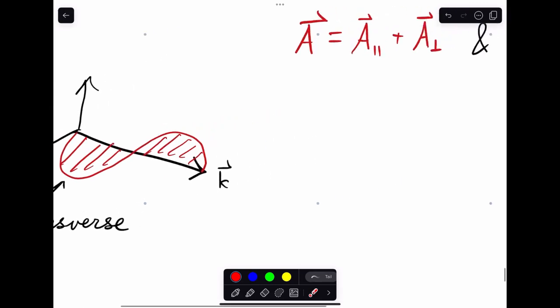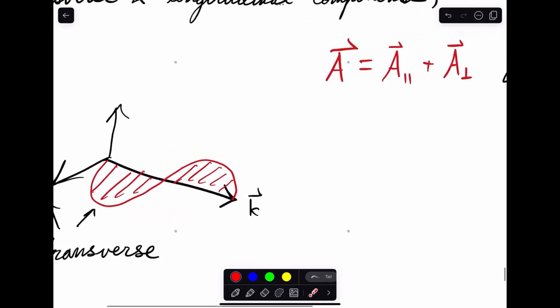That's what it's saying for these potentials: the potential A has a component going in the direction of propagation and one going perpendicular to it. So transverse, longitudinal.